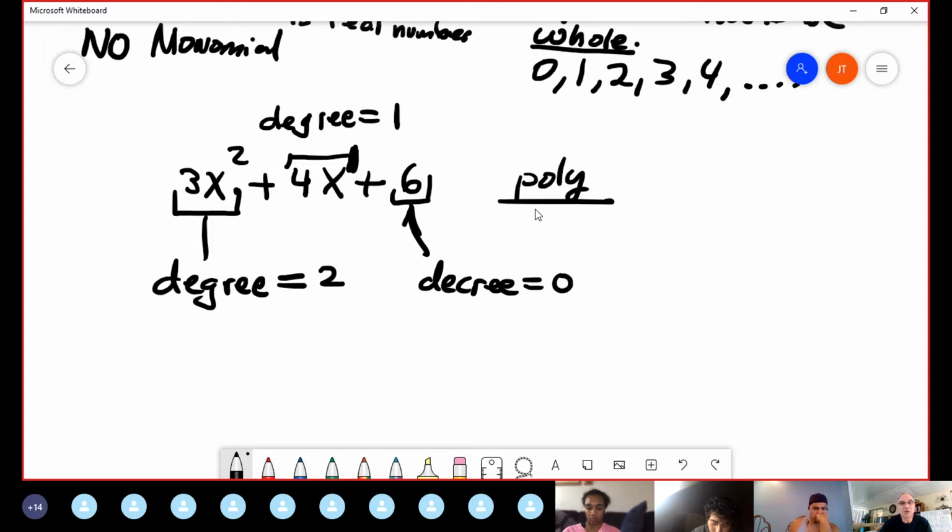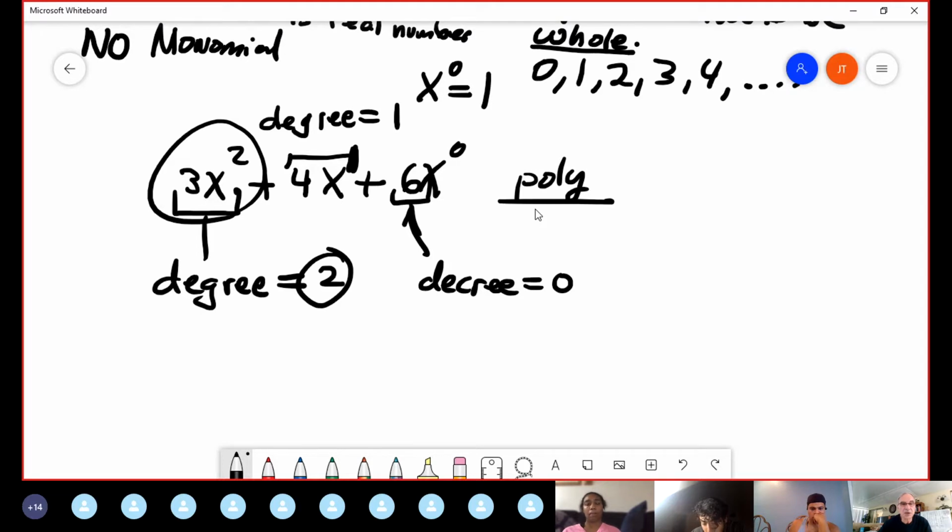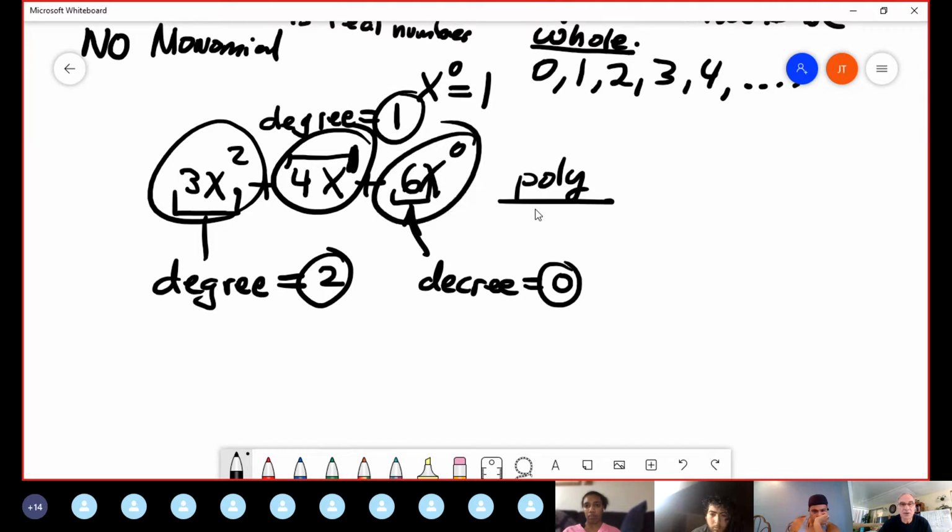When you see a number where x is missing, it's because it's x to the 0 power, and I know that x to the 0 power is equal to 1. So this is degree 2 for the first monomial, degree 1 for the second, degree 0 for the last, but the degree of the polynomial is the greatest number, which is 2.